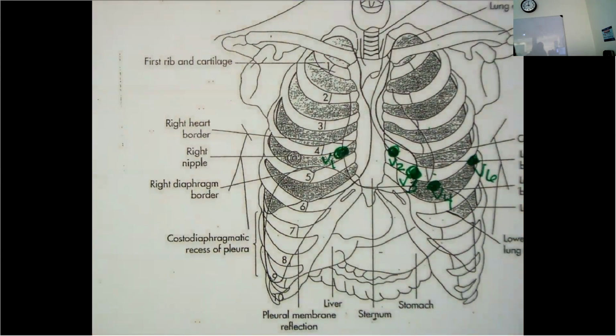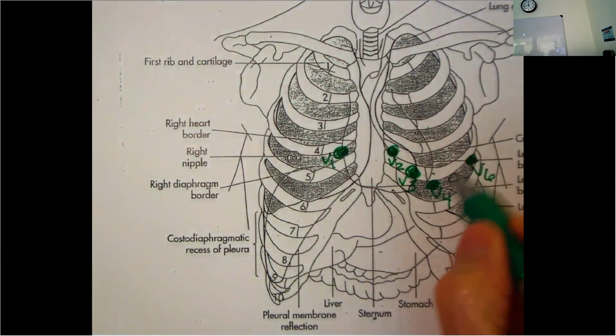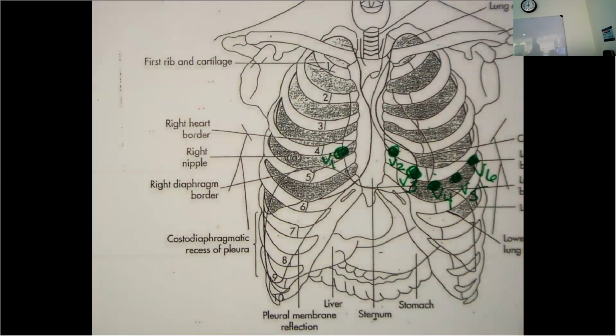V6. And then V5 is in between. All right, so that's proper placement, and like I say, you see all kinds of stuff. But that's supposedly the way to get the best picture.